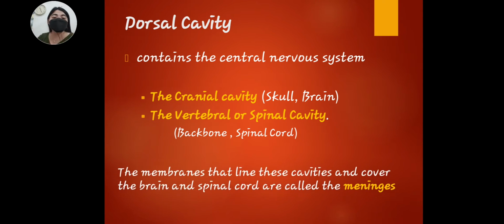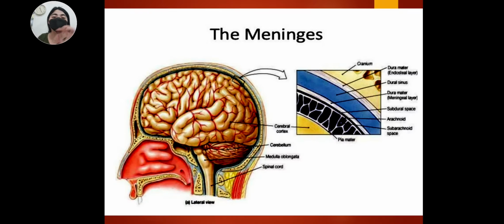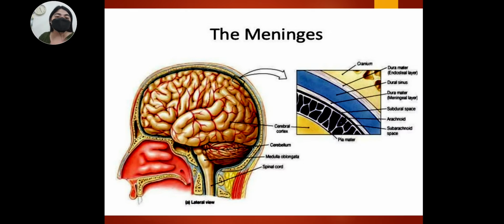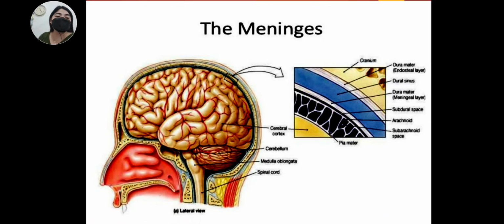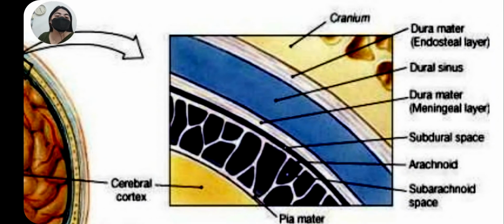Let's proceed. The membranes that line this cavity and cover the brain and spinal cord are called the meninges. What is the illustration of the meninges? This one. The meninges is the cover of the brain and the spinal cord. As you can see, the layer, particularly this one, the blue one, that is your meninges.